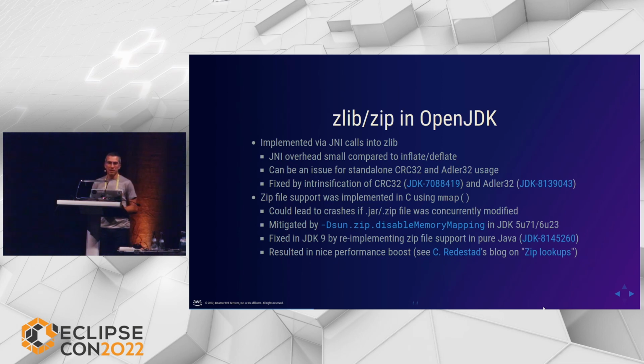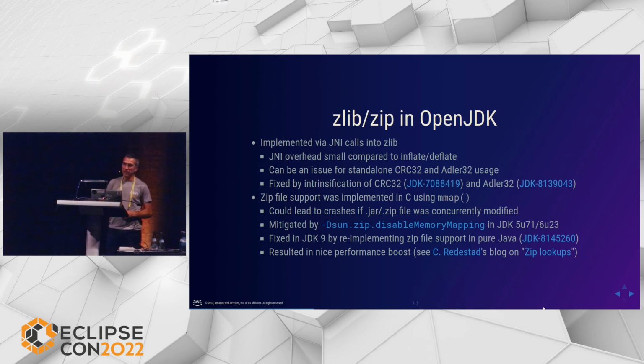So this problem was then mitigated with a property in JDK 6 update 23 and backported to JDK 5, which allowed you to disable this memory mapping functionality, but that had some performance impact. And finally, in JDK 9, this issue was fixed by re-implementing the whole ZipFile support in pure Java.